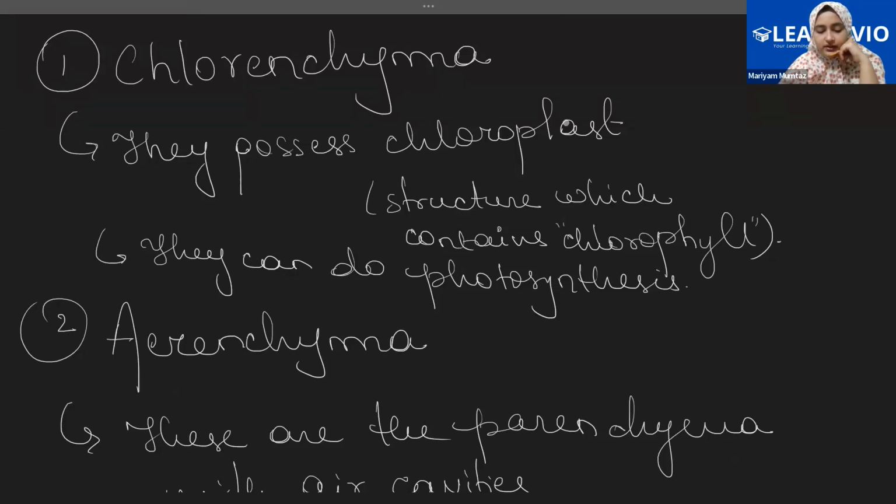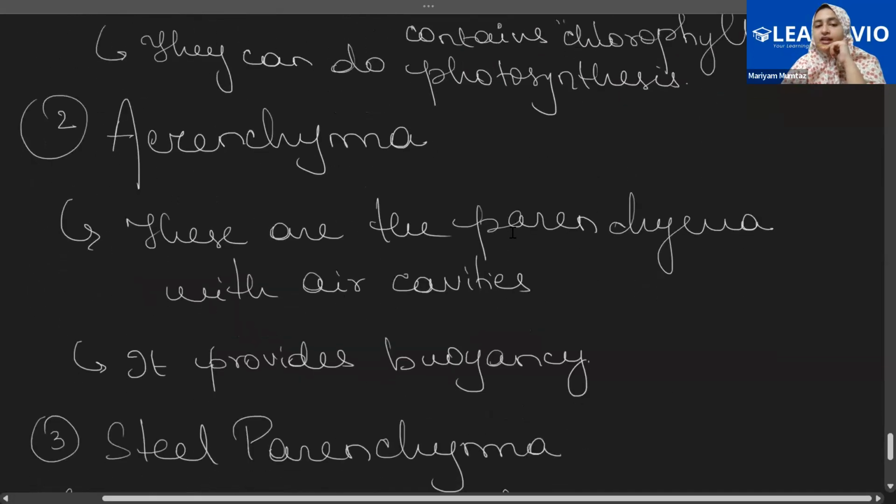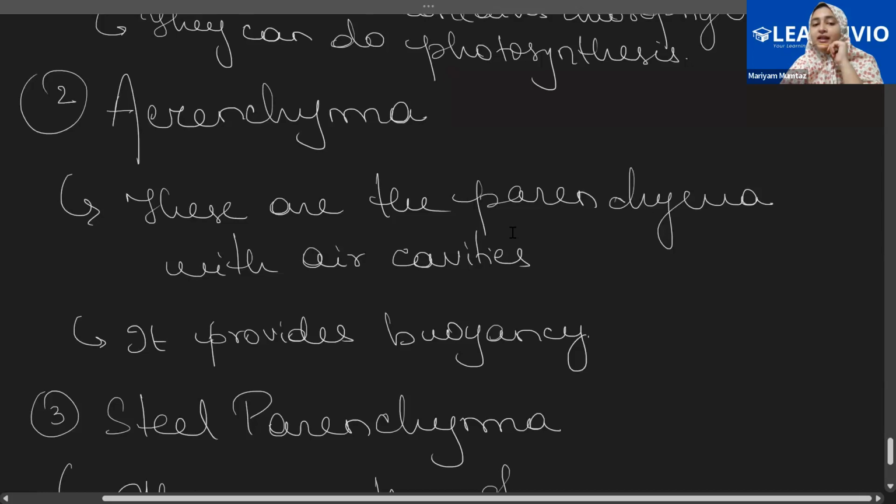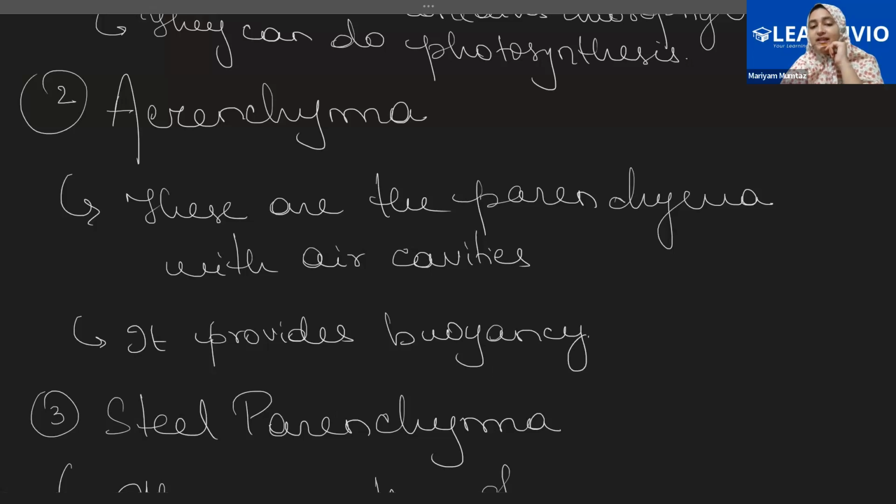What is the function of chlorophyll in photosynthesis? It captures sunlight. Very good. It absorbs the light energy and converts it into chemical energy. So that is the function of the chlorophyll. Now, the second modification is aerenchyma, when the parenchyma contains air cavities. This modification is to provide buoyancy, particularly in aquatic plants.